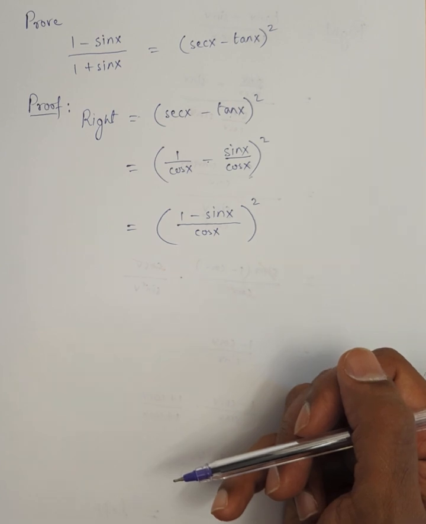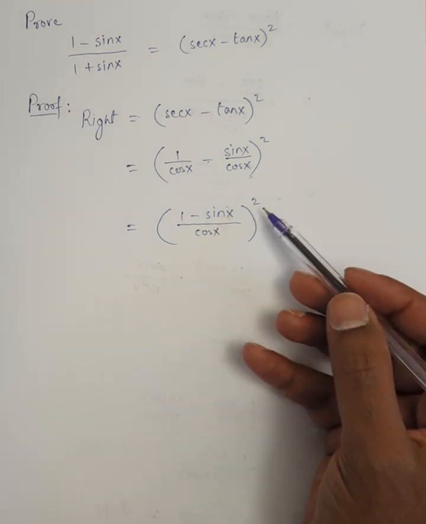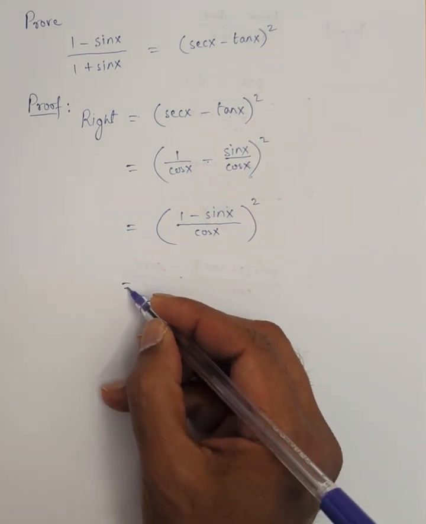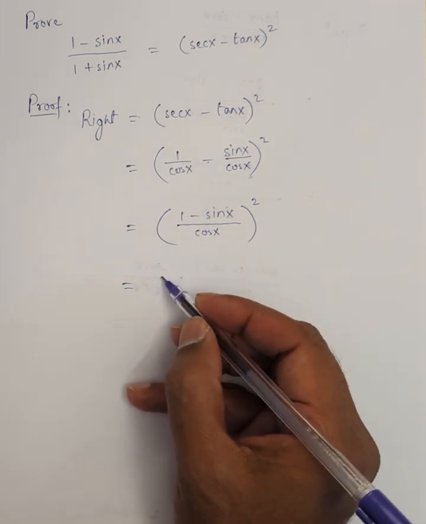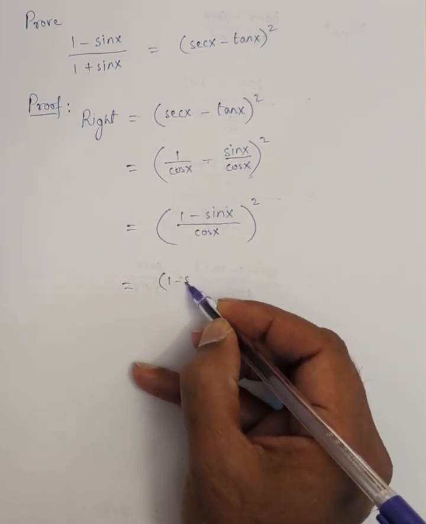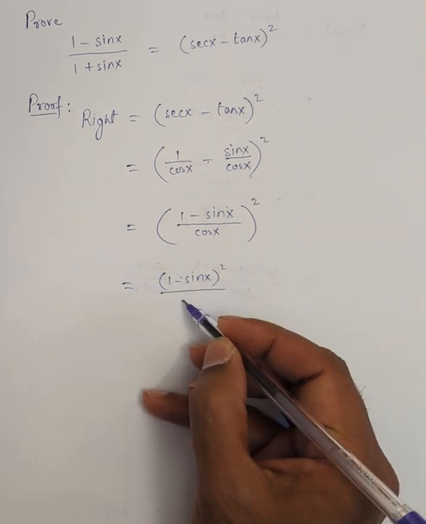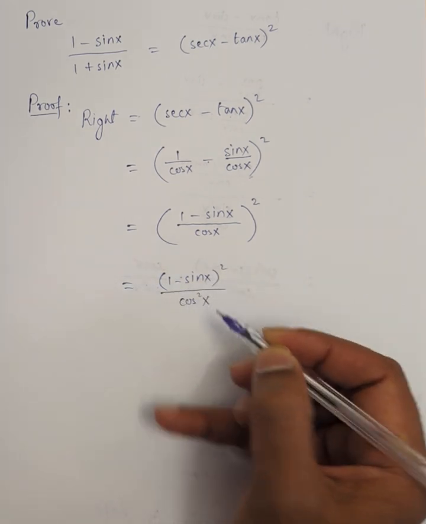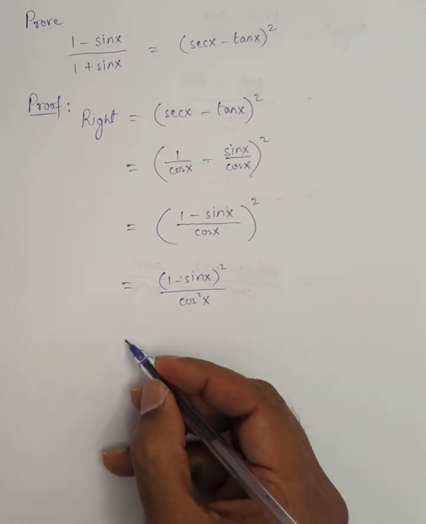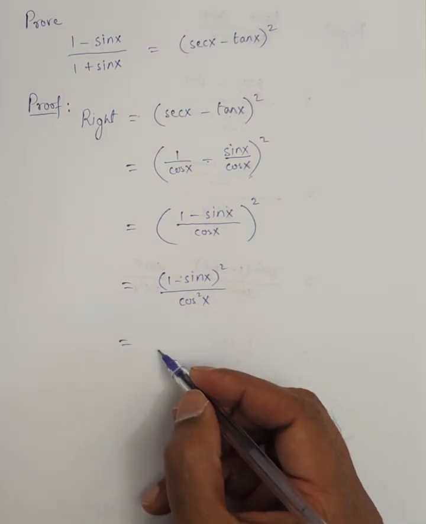How are we going to prove that? Well, let's go ahead and write this as (1 - sin x) quantity squared over cos² x. And what is the numerator now?